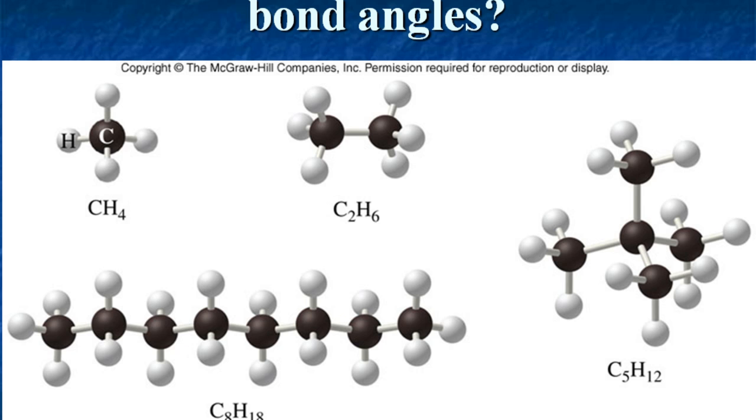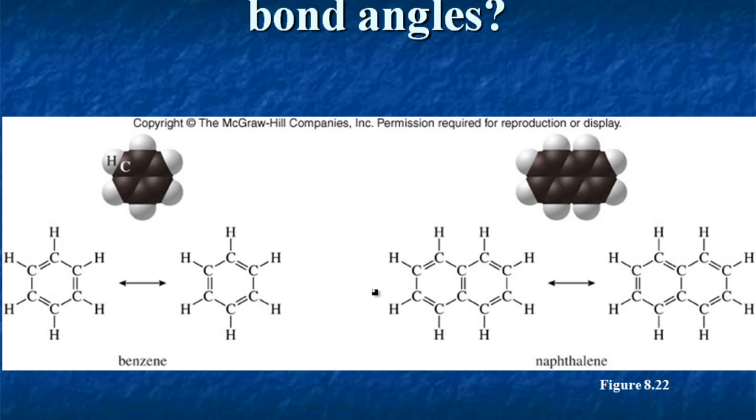Now let us look at aromatic hydrocarbons. What do you think that shape will be? Look at one of the carbons. What is the parent structure? Just pick up one carbon, say for example, this carbon.